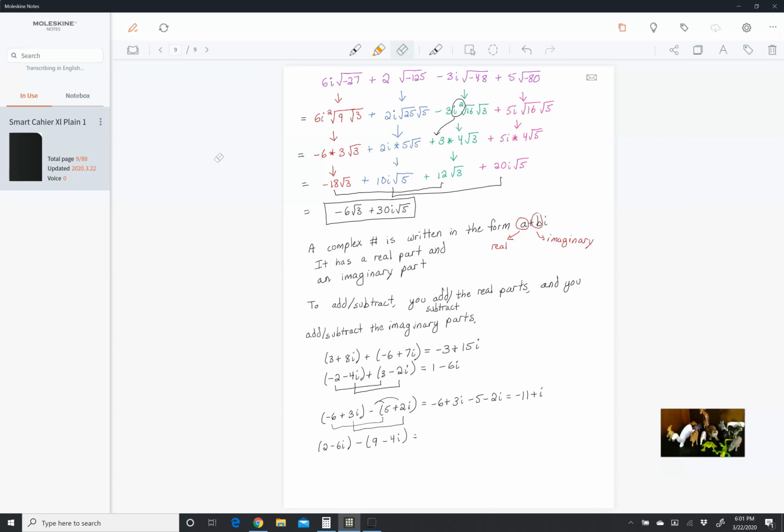Negative 6i minus negative 4i is negative 2i. Or you can distribute the negative sign, which gives you 2 minus 6i minus 9 plus 4i. So you get negative 7 minus 2i. So that's addition and subtraction.